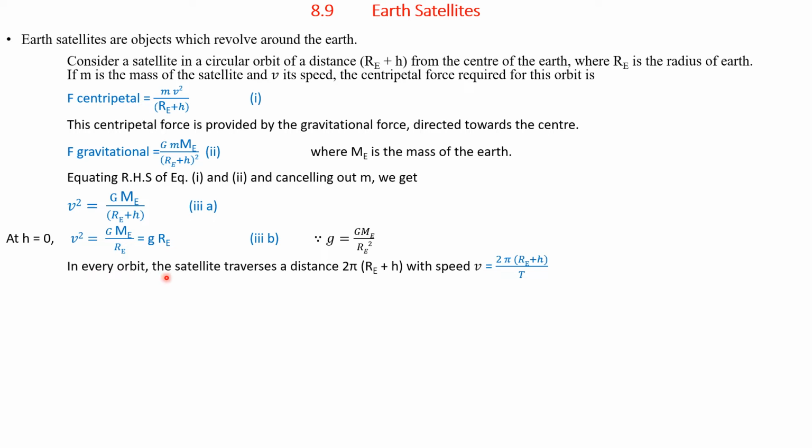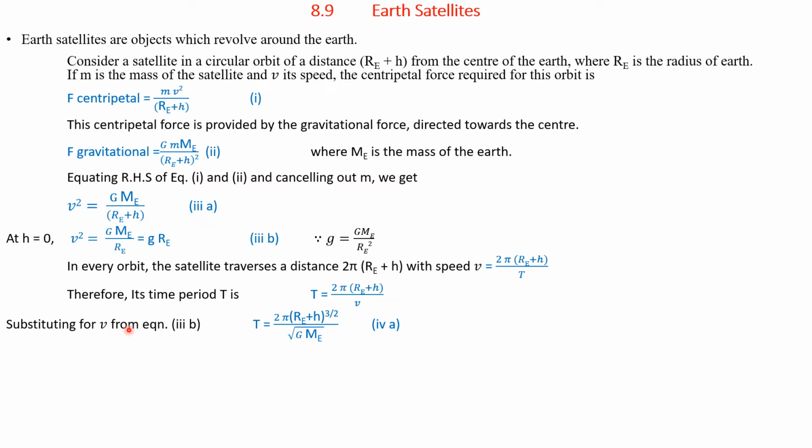In every orbit, the satellite traverses a distance of 2 pi into Re plus h because we know that the circumference of the circle, which is the orbit of the satellite, is given by 2 pi into Re plus h, and its speed is given by distance traveled over time taken, that is v is equal to 2 pi into Re plus h over T. Therefore, its time period T is given by T is equal to 2 pi into Re plus h divided by v.